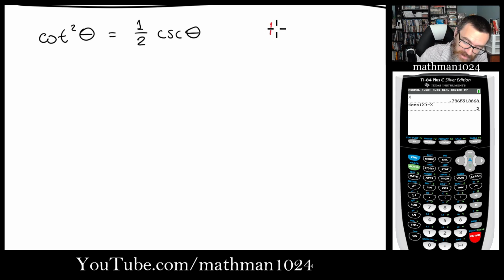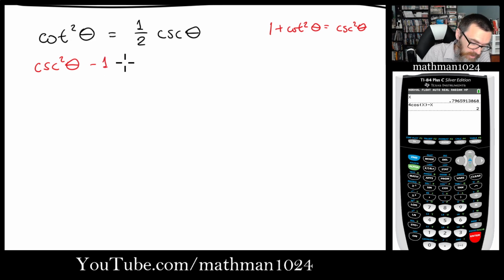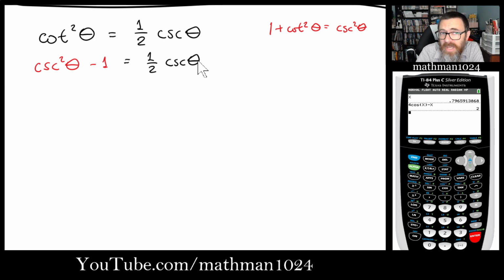That Pythagorean identity says 1 plus cotangent squared is equal to cosecant squared. So that means cotangent squared here is going to be cosecant squared minus 1 is equal to 1/2 cosecant. So it looks like we might have something that is quadratic in nature.